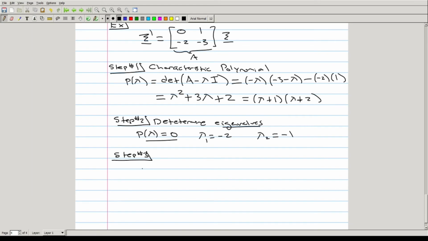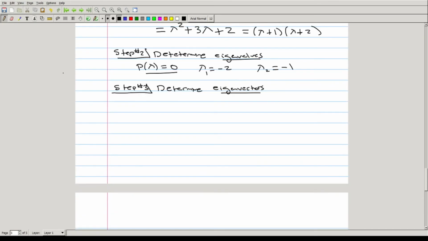Step 3 then will be to construct the eigenvectors. We'll have an eigenvector u for lambda 1, so we'll say A u is equal to lambda 1 times u. And we'll have an eigenvector v for lambda 2, so we have to solve the equation A v is equal to lambda 2 times v.